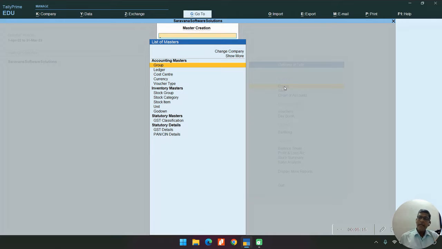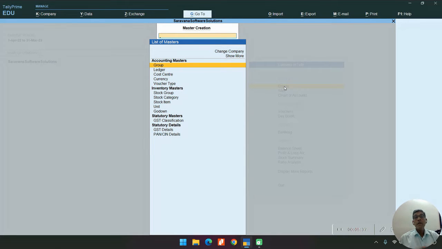Tally already has many classifications: nil rated, taxable, zero rated, intrastate taxable on your supply of goods and services.